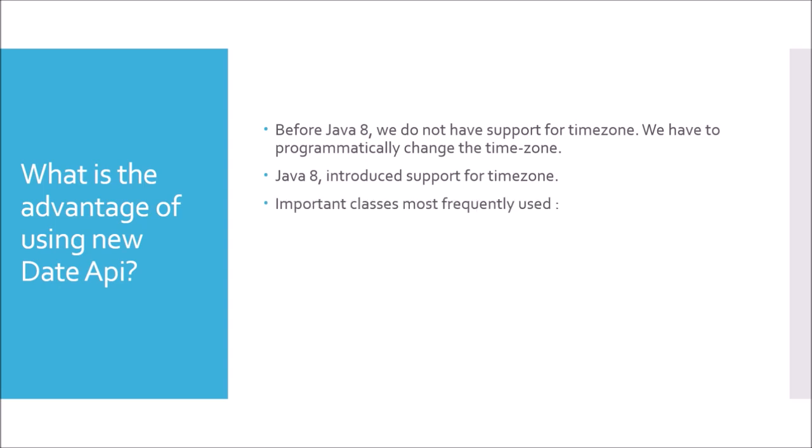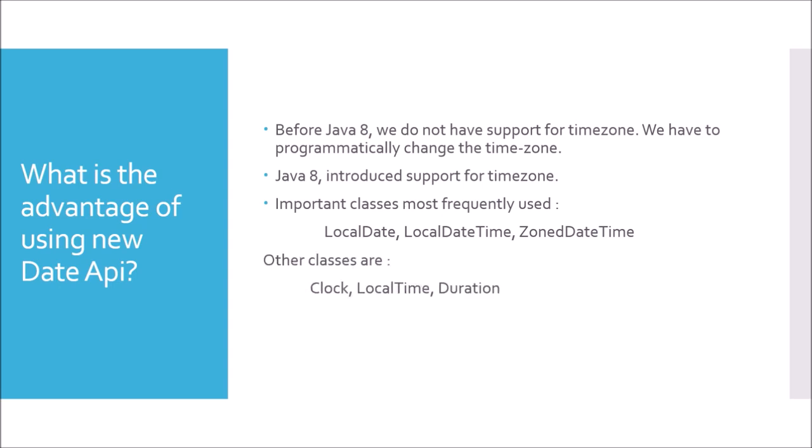The classes more frequently used in the date API are LocalDateTime and ZonedDateTime. Other important classes introduced are Clock, LocalTime, and Duration. So instead of writing if-else conditions for different time zones, we can use ZonedDateTime. Moving to next question.